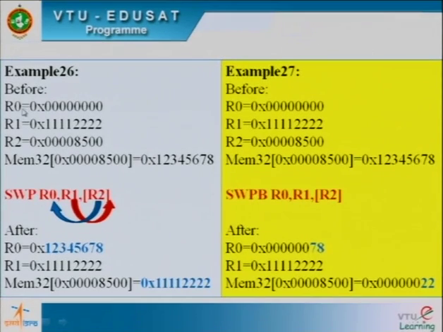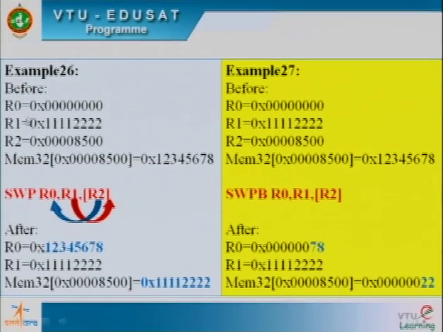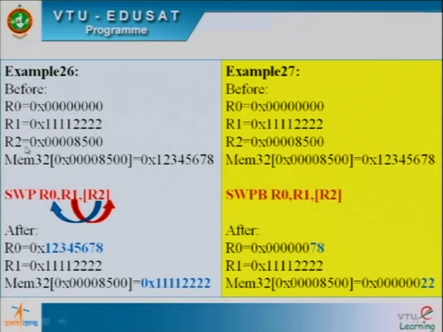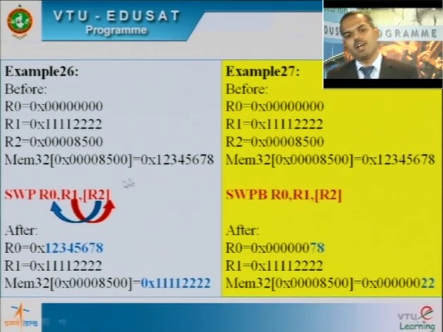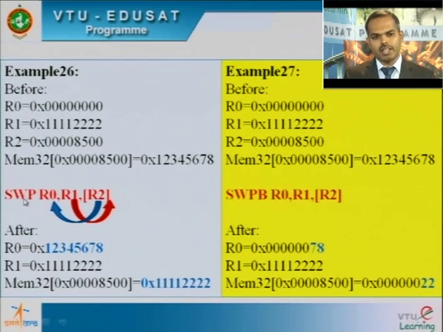Example 26. R0 value is 0, R1 value is 0x11112222, R2 value is 0x00008500. Memory content of the R2 is 0x12345678. Now look at the instruction SWP R0, R1, [R2] in the square bracket.